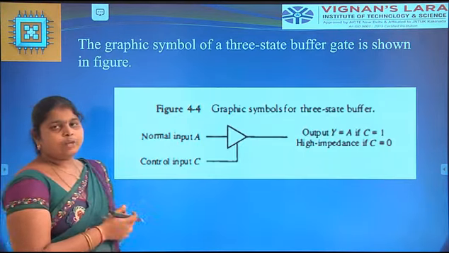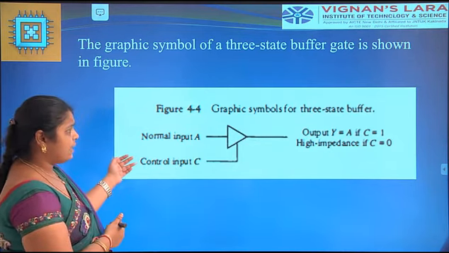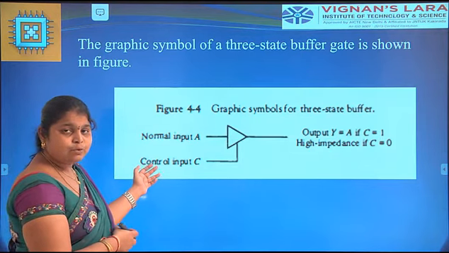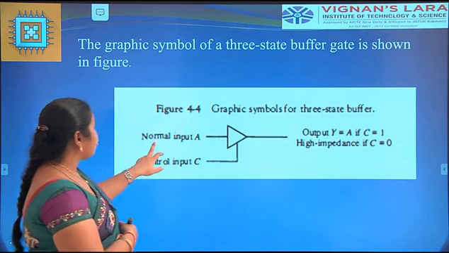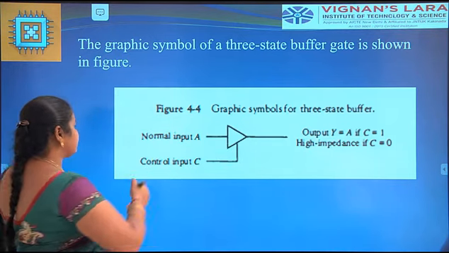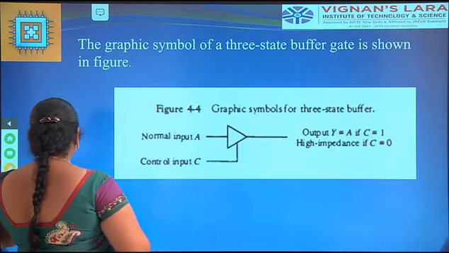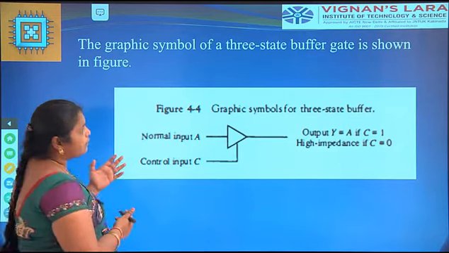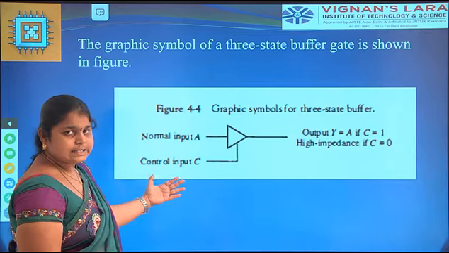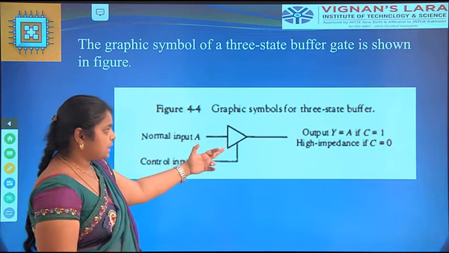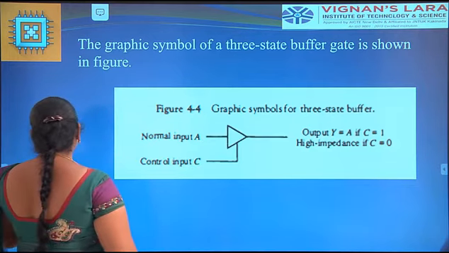Okay, now we discuss the graphical representation of the three-state buffer. This is the graphical representation, with symbols denoting the three-state buffer. This is a normal input A and a control input C. Here we have two inputs.